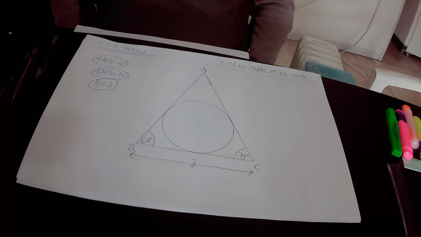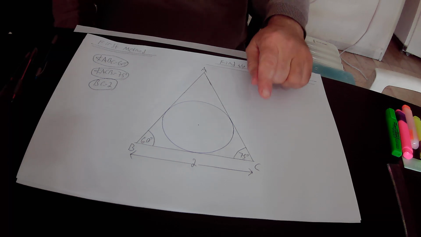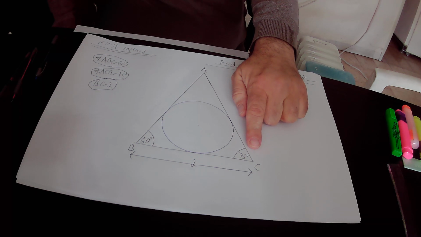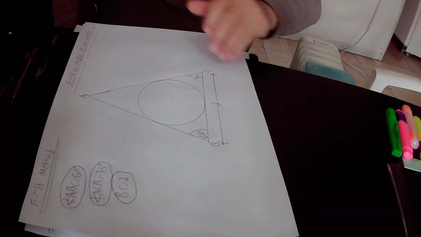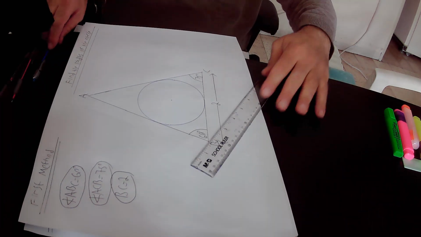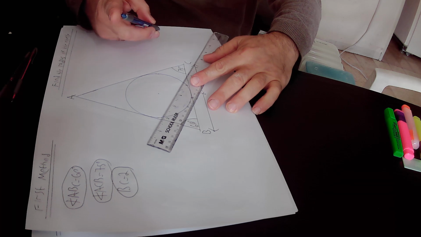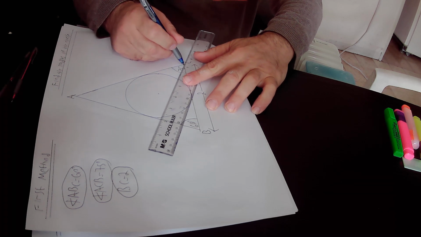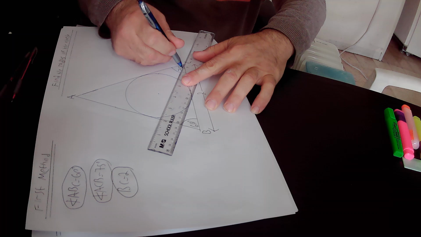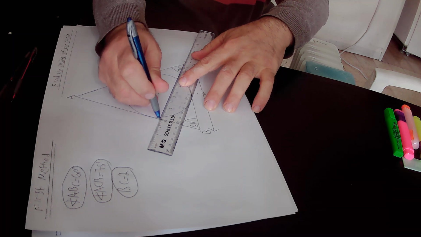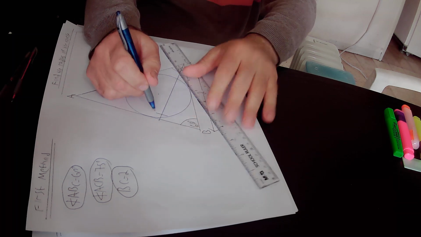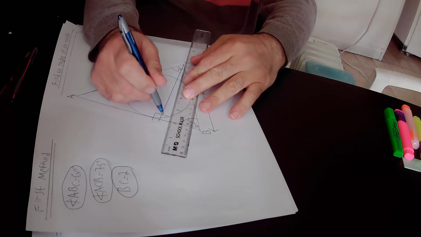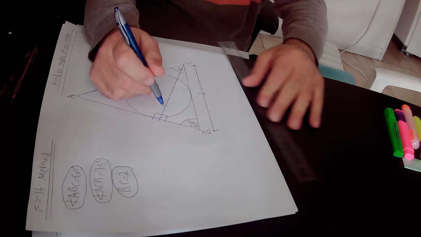We start with the first method, and here from point C we draw a perpendicular on AB. So this angle equals 90 degrees, and this angle also equals 90 degrees according to our construction.